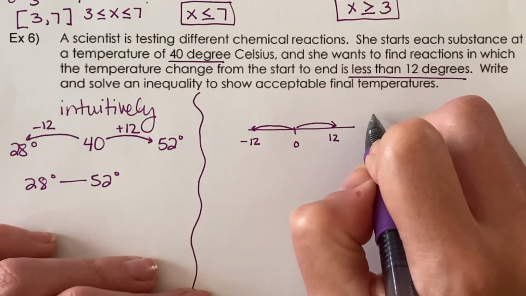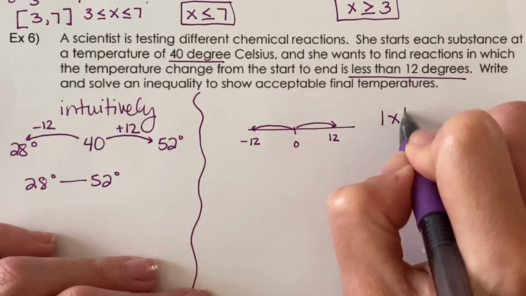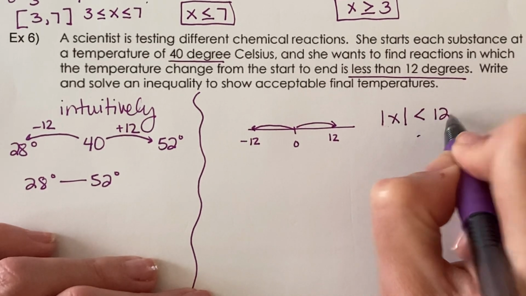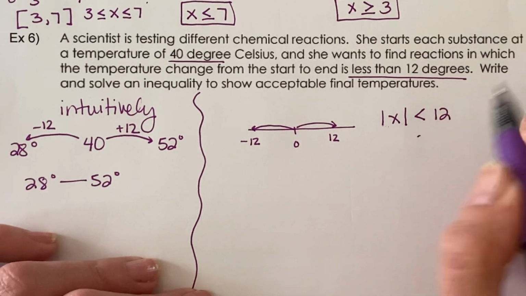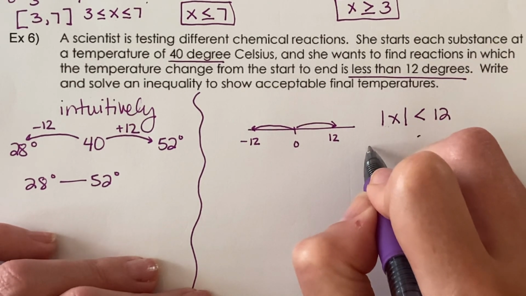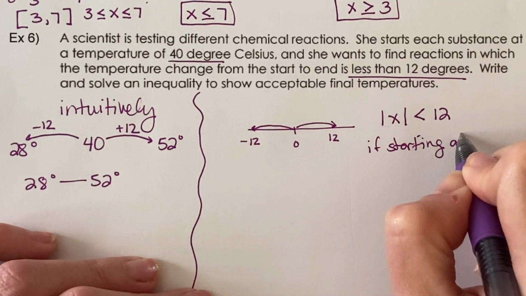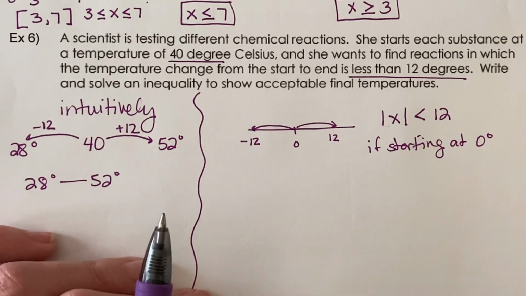So right now I could say, if I have a number and it's less than 12 steps away from 0, this right here is an inequality describing if I'm starting at 0 degrees, not 40 degrees. Okay, well, that gives me a good place to start.